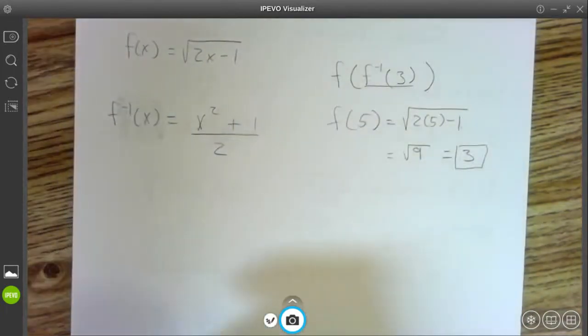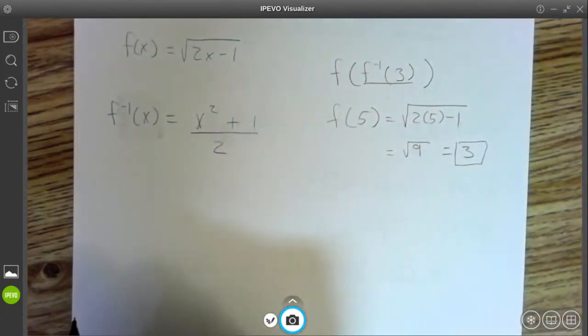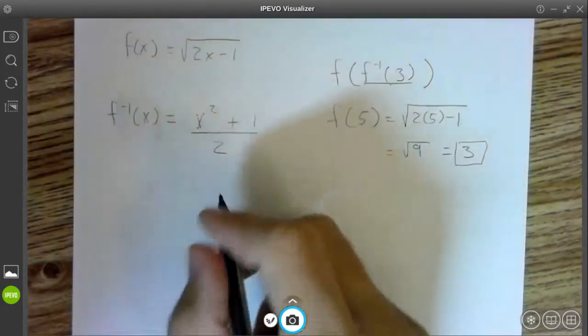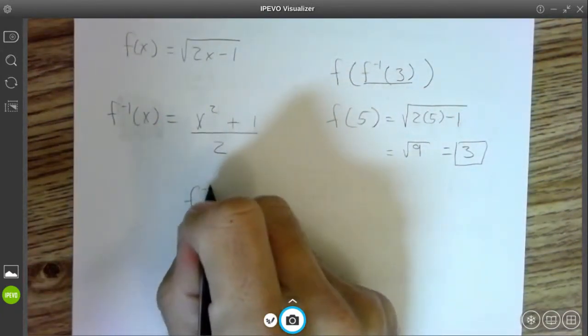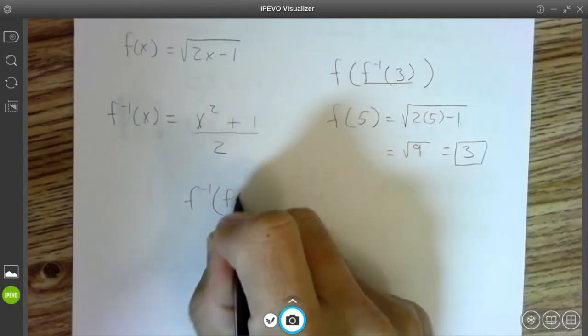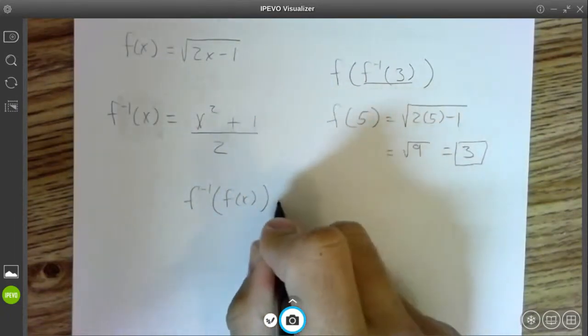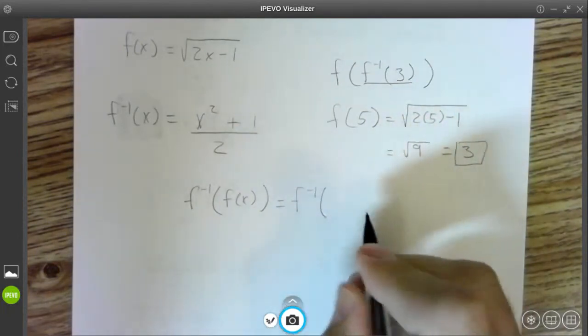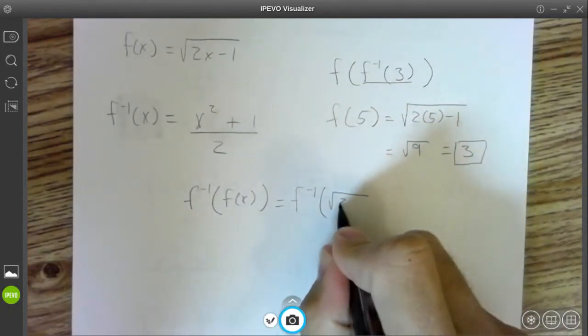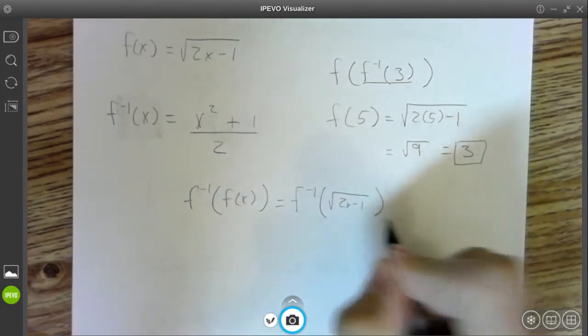We'll do the general case now. I could do this 2 ways. It doesn't matter the order. I'll do f inverse of f of x. So this is going to be f inverse of the square root of 2x minus 1.